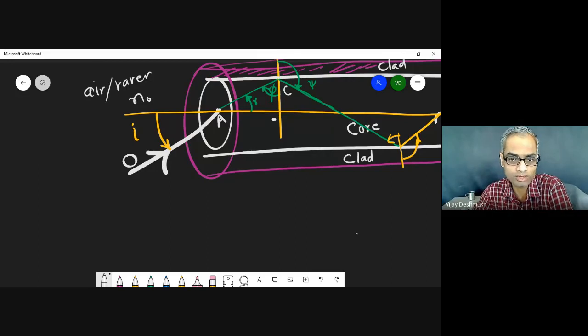So we'll use some relations and we'll try to find out the relation between this phi and I. Then we'll see the condition when the angle of refraction, this R or the psi, R is suppose 90 degree, then we know I is shown as critical angle.